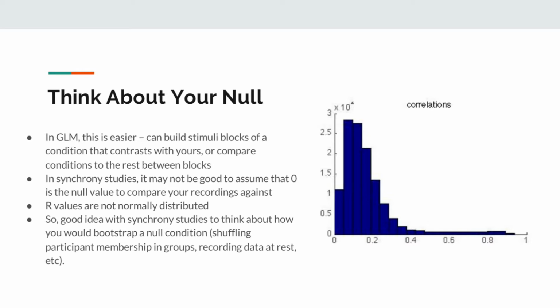If you are looking at group-based differences, this could be recording a scan of rest, where someone's just sitting there not doing anything, and so you can compare correlations in that rest to correlations when they're actually watching the stimuli you care about, things like that. You want to create an experimental null distribution that you then use to compare to the distribution of active data that you care about.